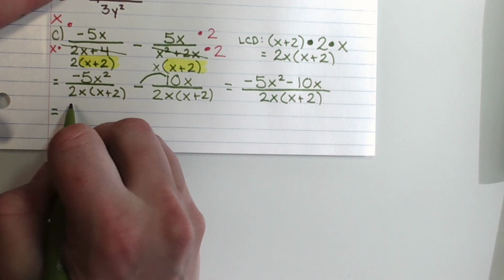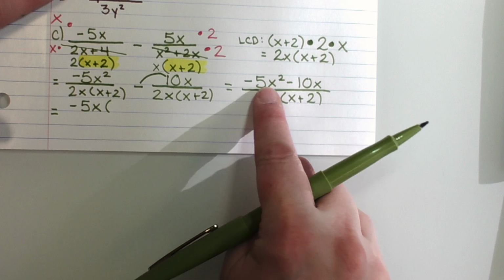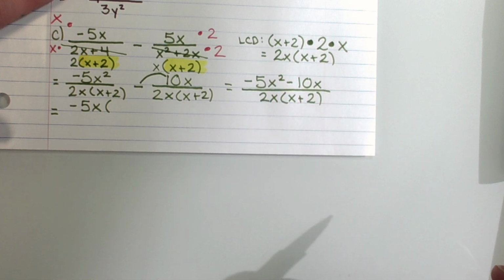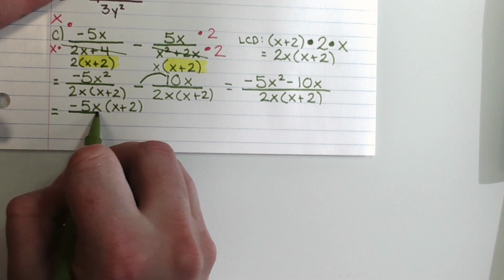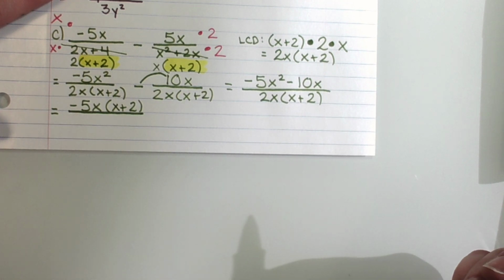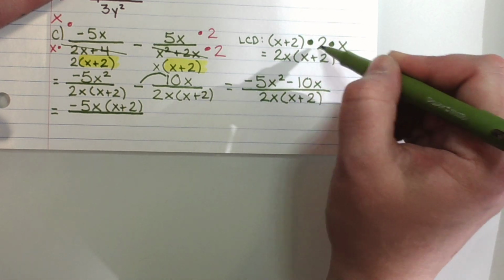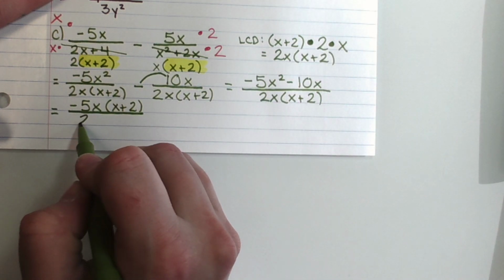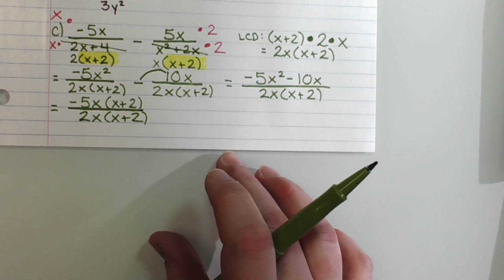Negative 5x. Factor a negative 5x out of this. What am I left with? X plus 2. The reason we left the denominator where the binomial was not multiplied through is because now it's already factored. You don't have to try to factor it again.